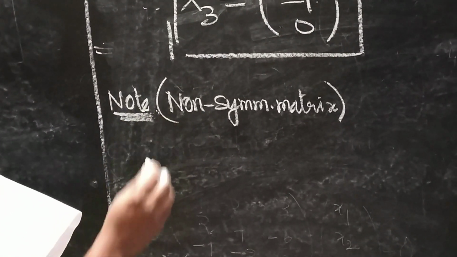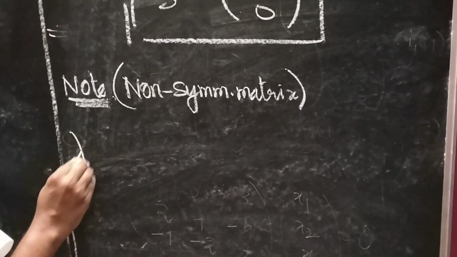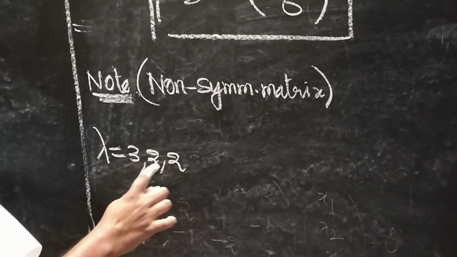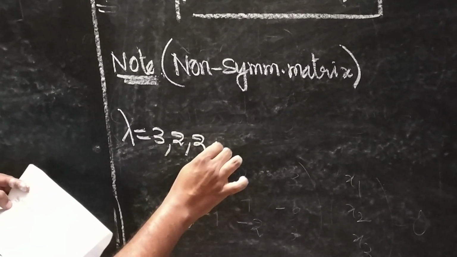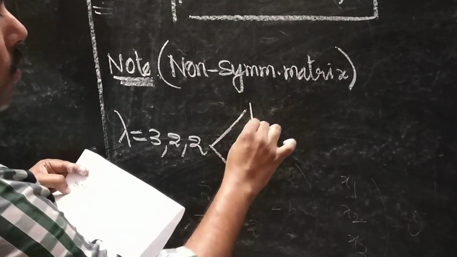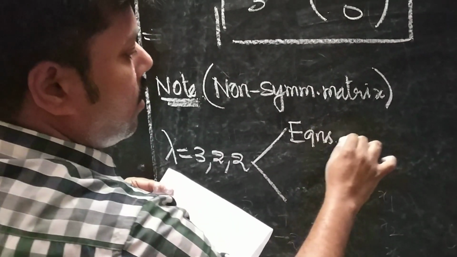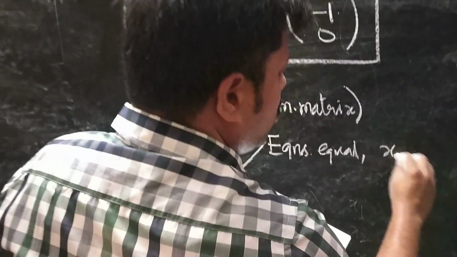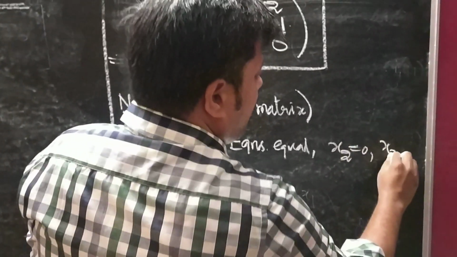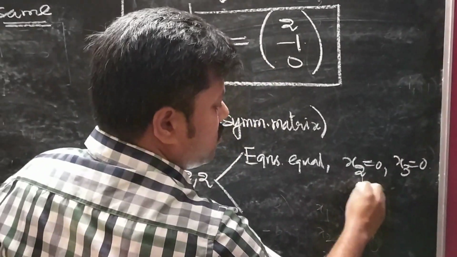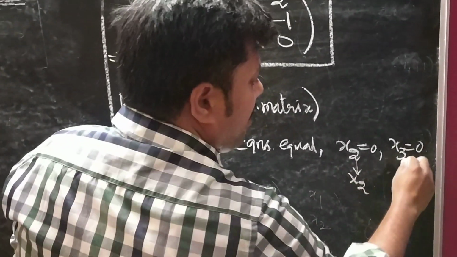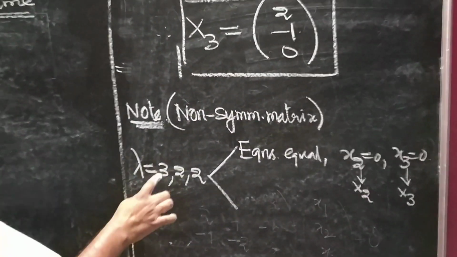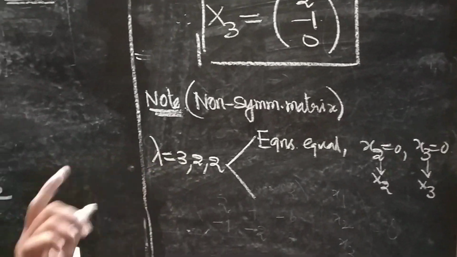Note, non-symmetric matrix. First, suppose we have eigenvalues like this: 3, 2, 2, right? 2 repeated twice, so repeated eigenvalue. Equations equal, substitute x2 equal to 0, x3 equal to 0. If you put x2 0, we get the second eigenvector, x3 0, we get the third eigenvector. Lambda equal to 3, we get the first eigenvector.